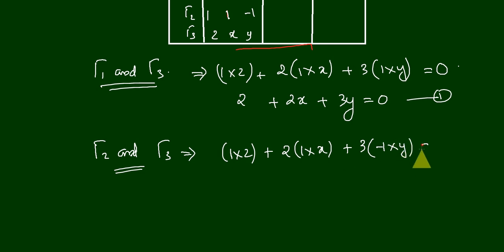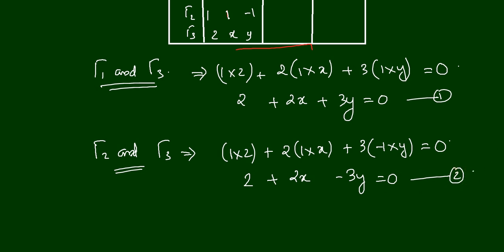That should be equal to 0 because 2 and 3 should be orthogonal to each other. It means that 2 plus 2x minus 3y is equal to 0. So this is equation number 2.